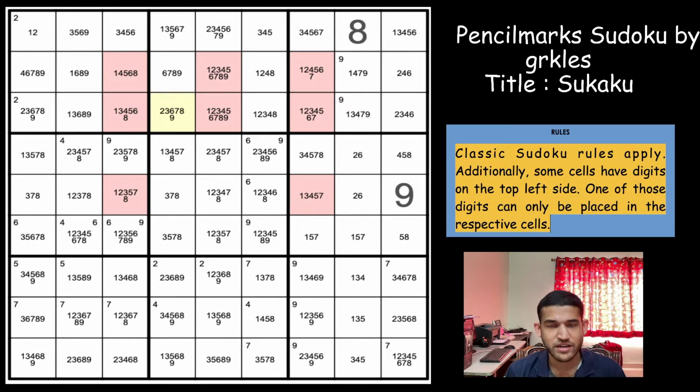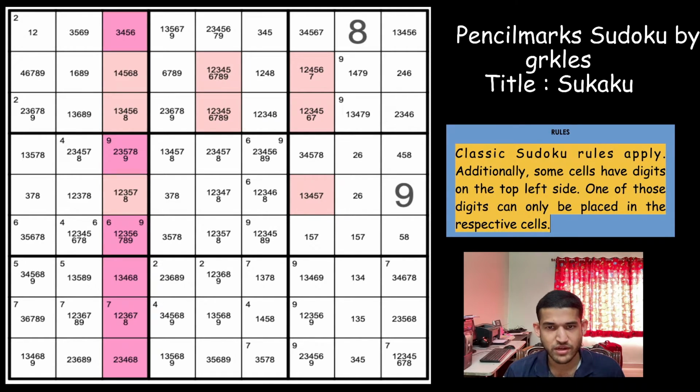Again, really nice swordfish. So look at row 2 and row 3 and row 5. 3 rows and column 3 and column 5 and column 7. So these are the only cells which can take a 5 in those rows and columns. So this is again a typical swordfish pattern, right? So we can eliminate all these cells as not being a 5.